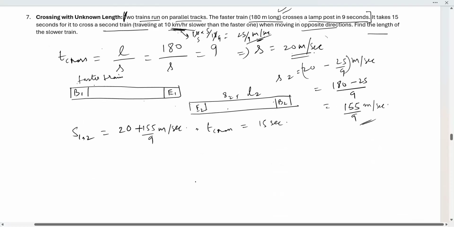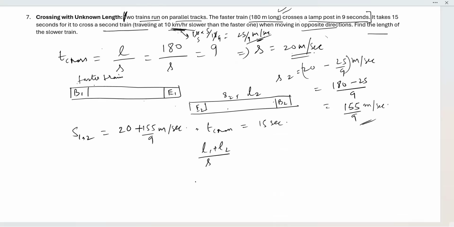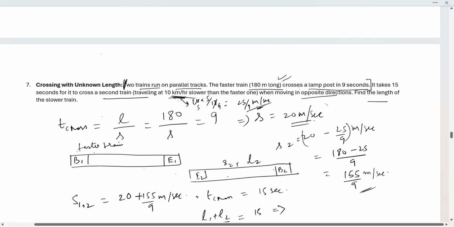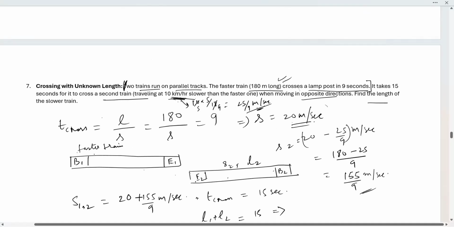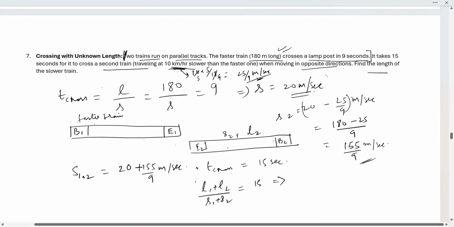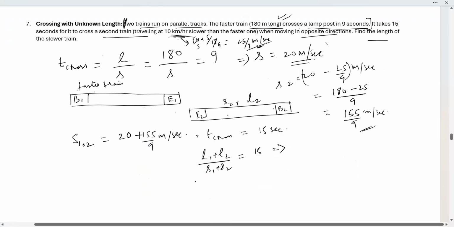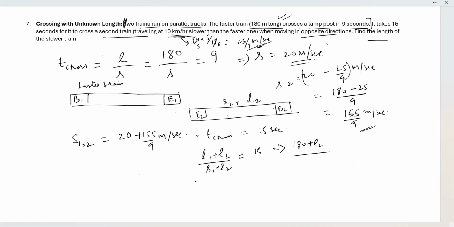This time to cross is given by L1 plus L2 upon S1 plus S2. So this is 15, and this becomes L1. One of the lengths is 180 meter long, that's given, and this sum is given to us.